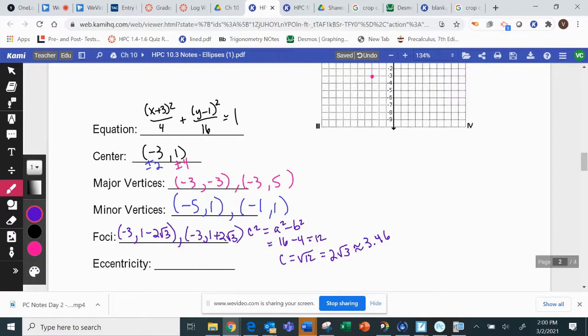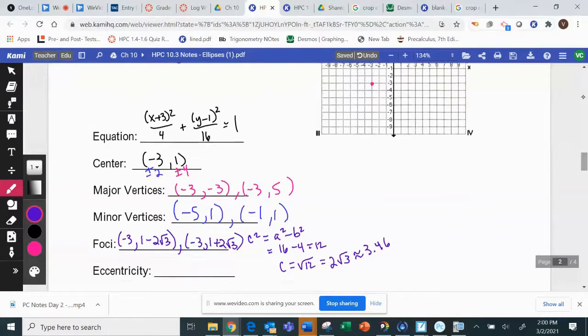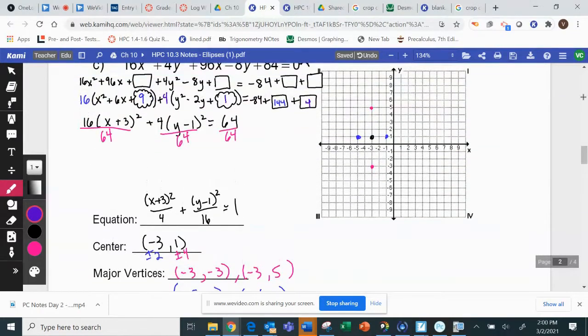My c squared equals a squared minus b squared. I get c value of 2 radical 3, which is about 3.46, and that's going to go vertical.